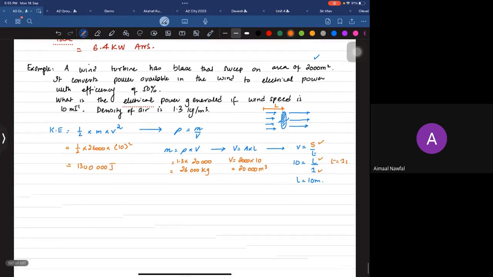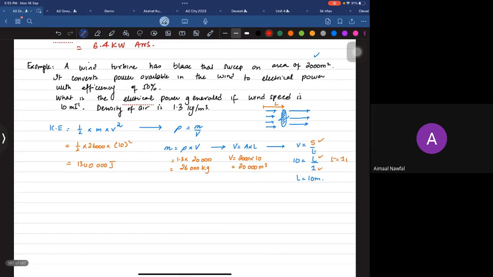Understood? Now we got to find the power, right? So the power would be energy over time. The total energy was 1,300,000, and that just happened in a time of 1 second. So the power would be 1,300,000 watt. Get it?